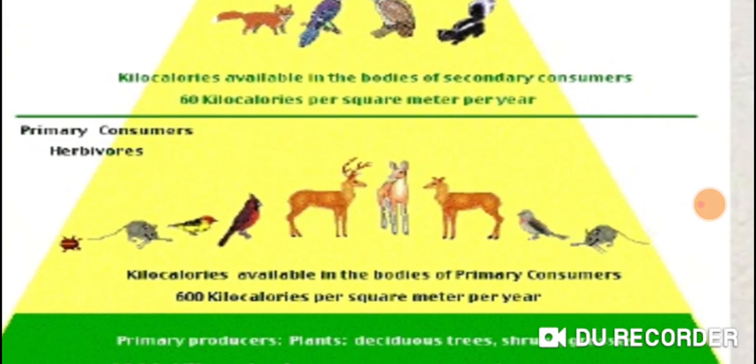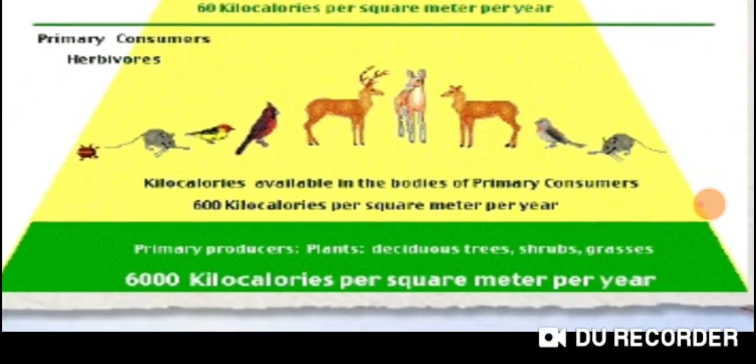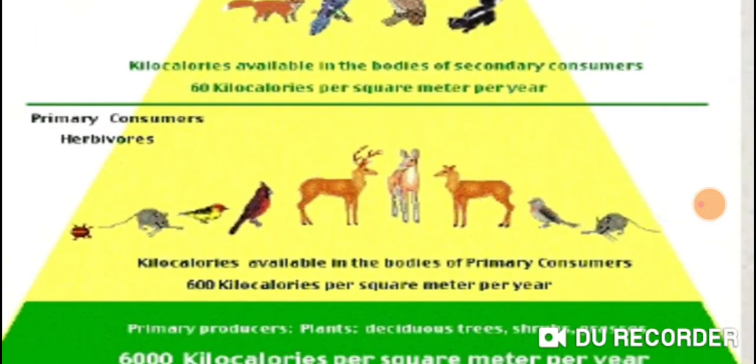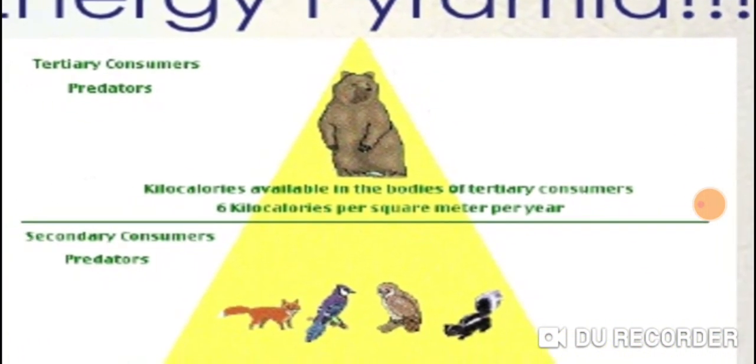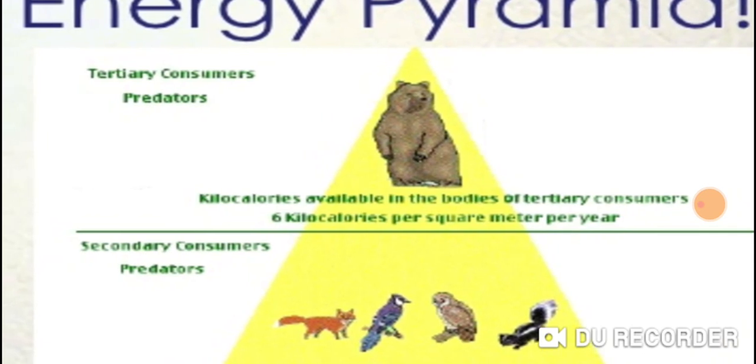So the decrease in mass of the organisms, the weight of organisms in every trophic level, represents the biomass pyramid, and every step in the mass represents how much energy is reduced from the primary producers at the bottom to the top, till the tertiary consumers, that is the predator trophic level.